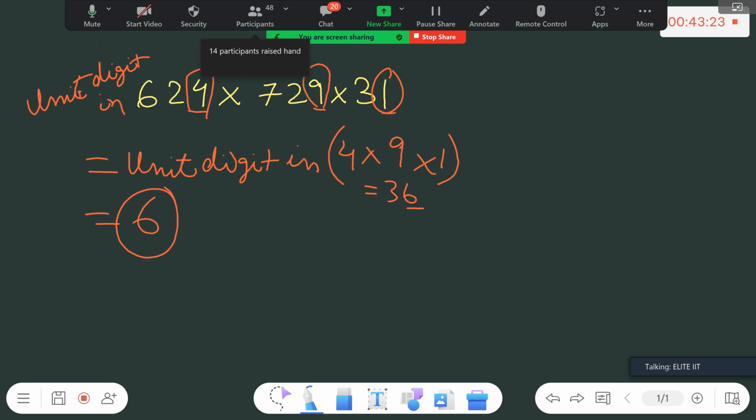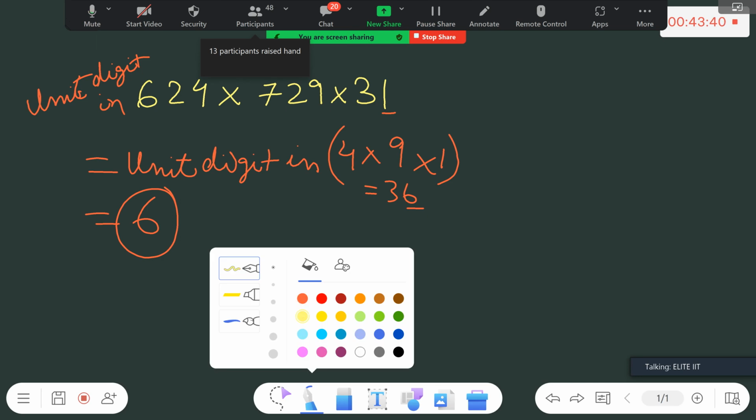See, unit digit. If you want to find the unit digit in the multiplication of some numbers, how can you find that? You can find that by simply taking the unit digits of those numbers.